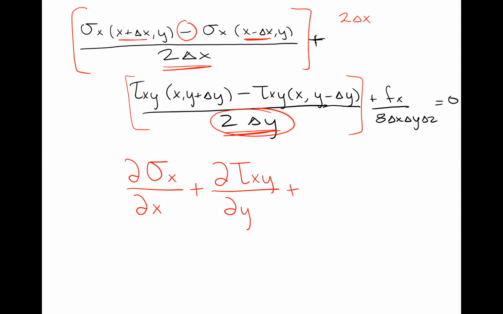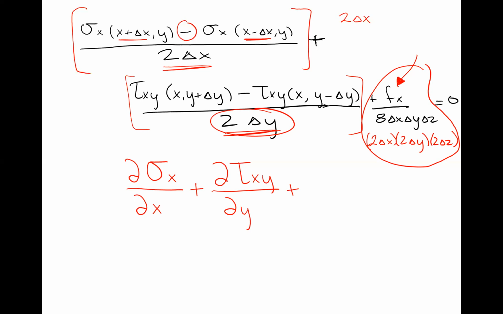Now if we look at this last term, Fx was the force due to a body force, which is a force that acts over the volume of a material. And if we look at our denominator, this is 2 delta x, 2 delta y, 2 delta z, which is the volume of our material. So this term then becomes the body force in units of force per unit volume.